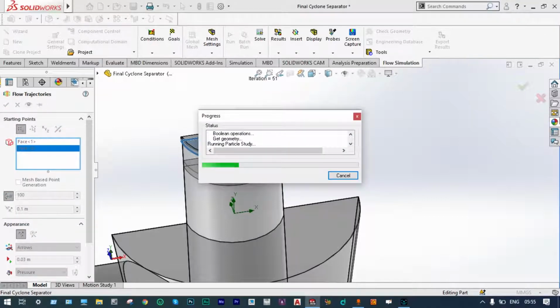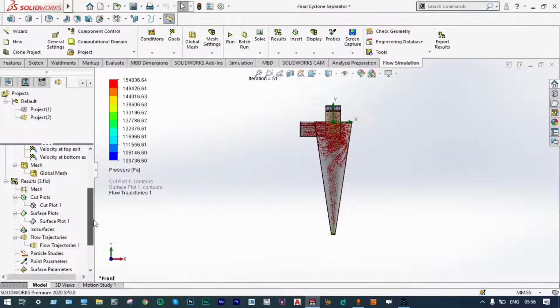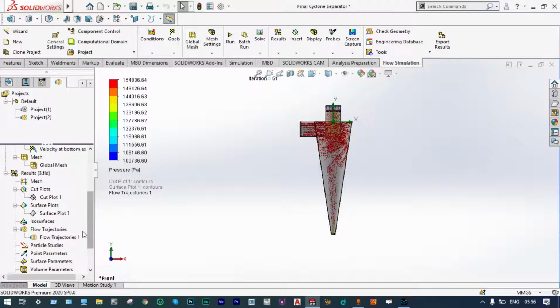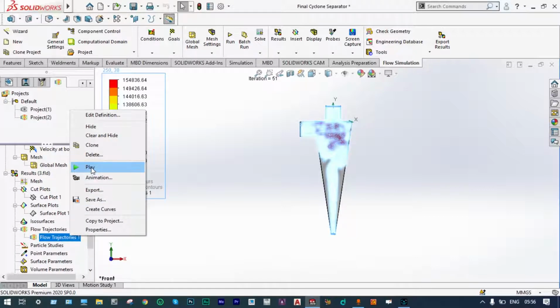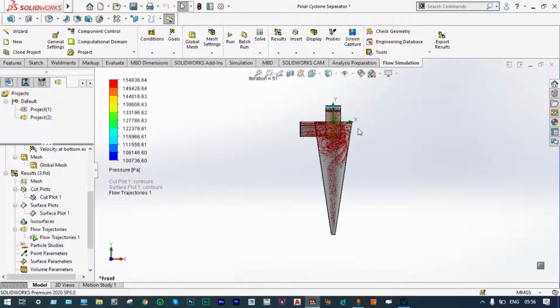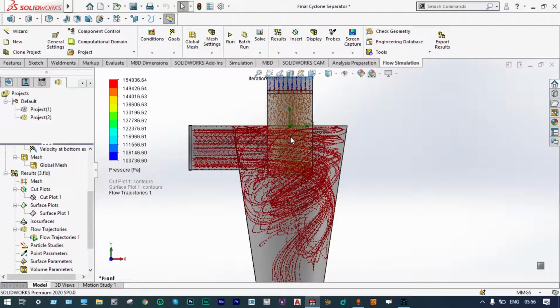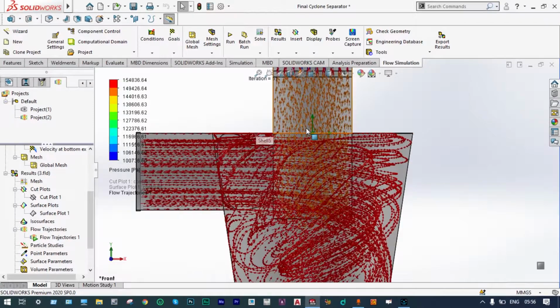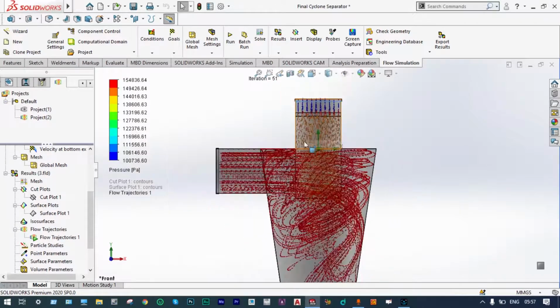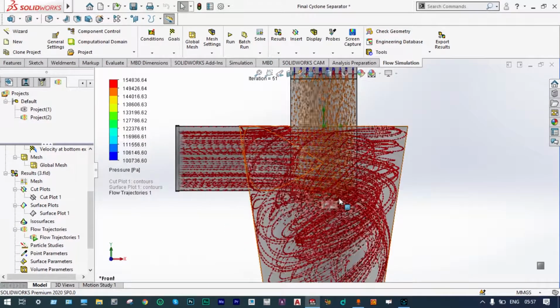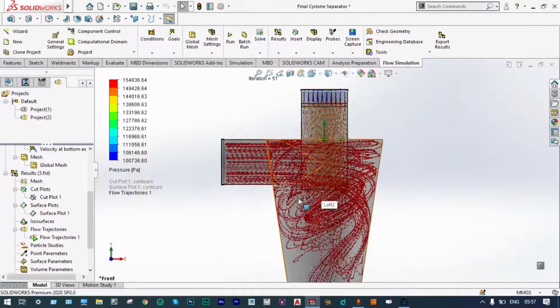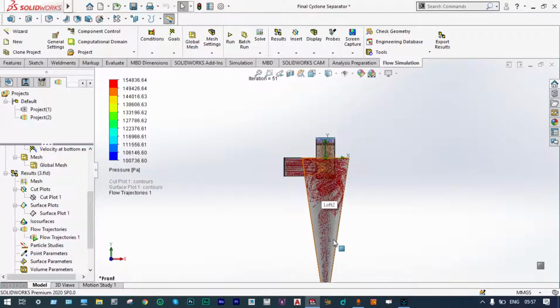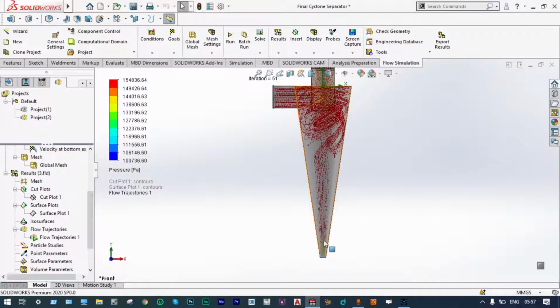Particle study is running. Let the study move on. Let us see the dynamics of flow particles from here. Let us play this. It is clearly visible that some particles are going out from the top exit, and some particles are moving out from the bottom exit also, right?